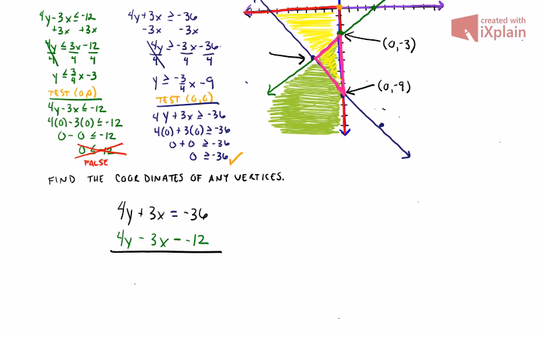But notice what we have now. I'm going to choose to use elimination just because I'm seeing that I have a positive 3x and a negative 3x already established for myself. So if I clean this up, I end up getting 8y is equal to -48. We can divide both sides by 8, and we get y is equal to -12.